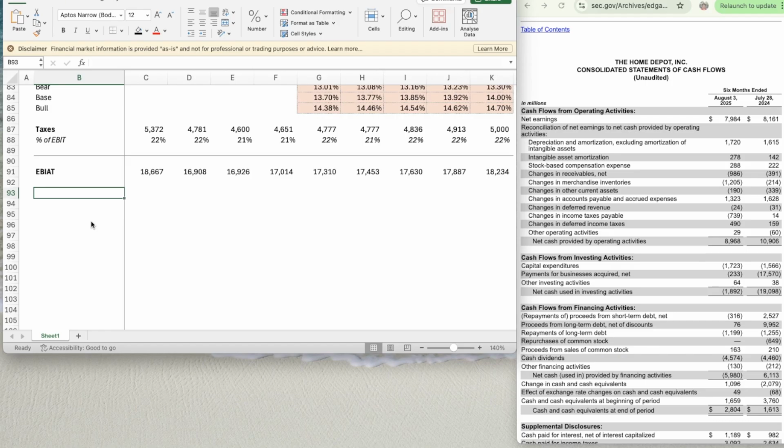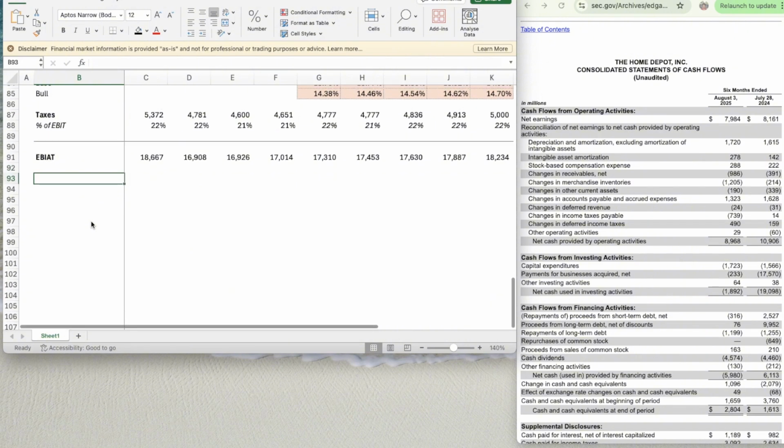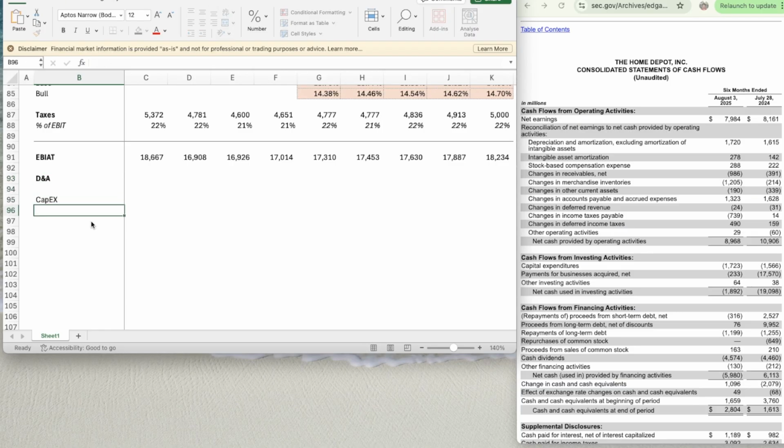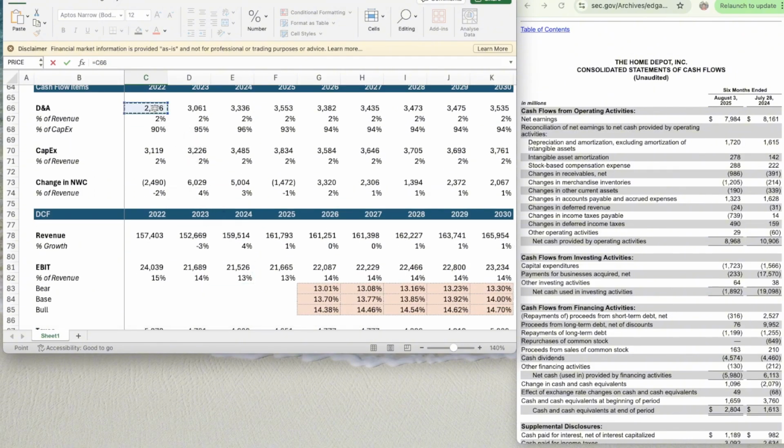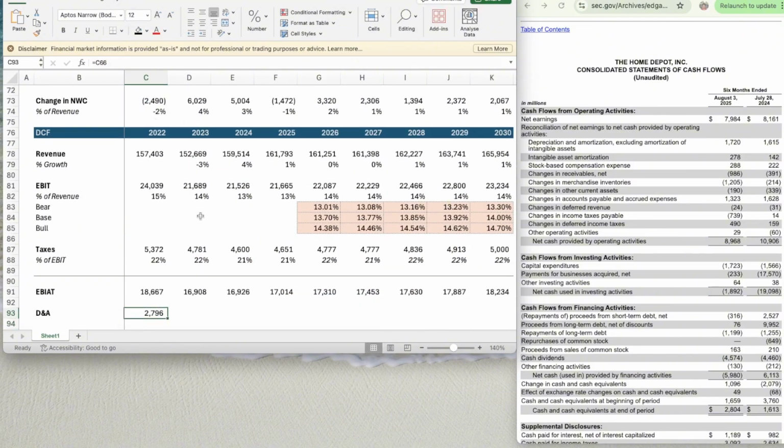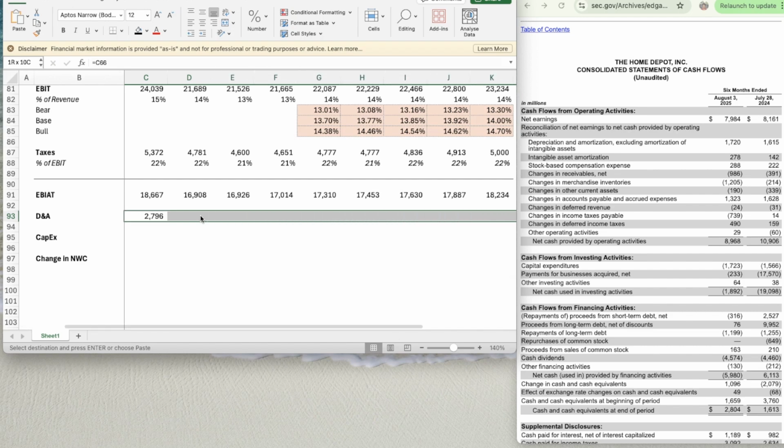Now to forecast the free cash flow, we've got the EBIAT, and now we need to do what we do with the cash flow items. And that is very simple. Again, just copy them down from where we have them up here, all the way along.